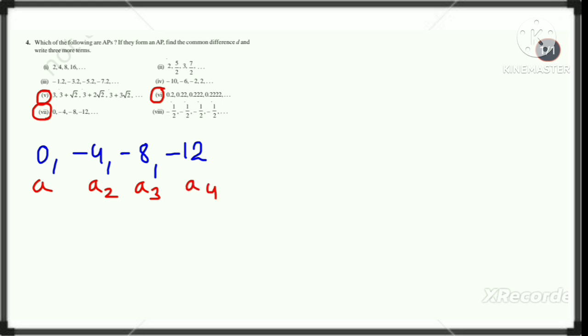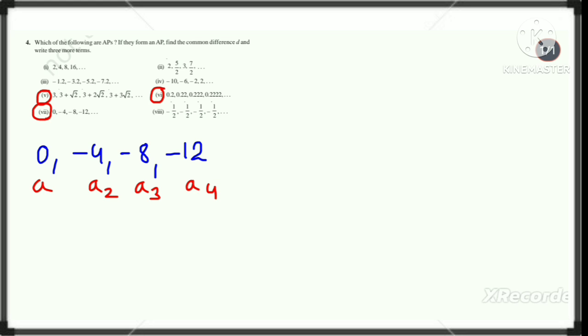Now question number 7, and here the sequence of numbers is 0, minus 4, minus 8 and minus 12, and here this is A1 and this is A2 and this is A3 and this is A4. Now firstly we need to find its difference, right?